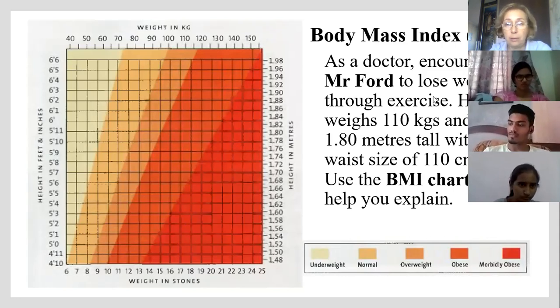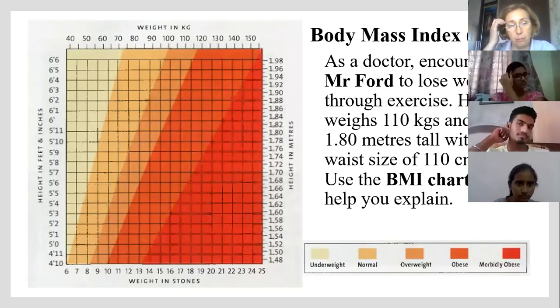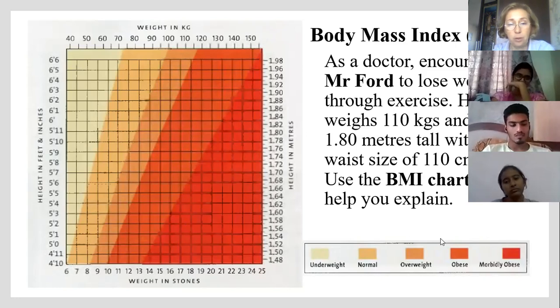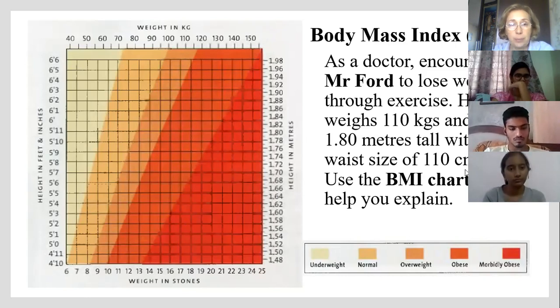And so we need to explain this to Mr. Ford, and just to show that he's overweight or even obese, and just to encourage him to lose his weight doing exercise. Well, what should we say to this person?